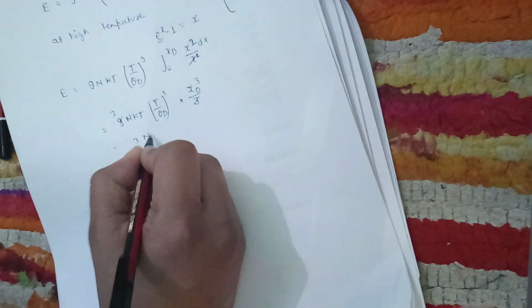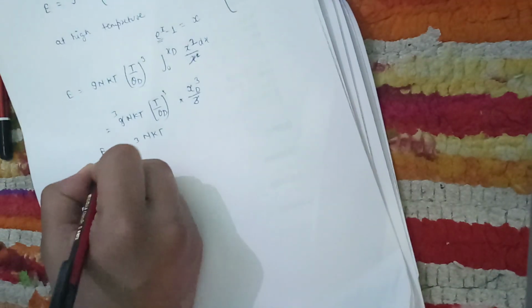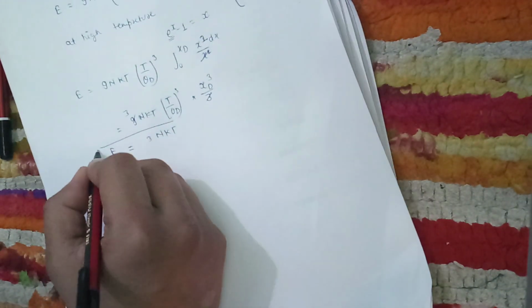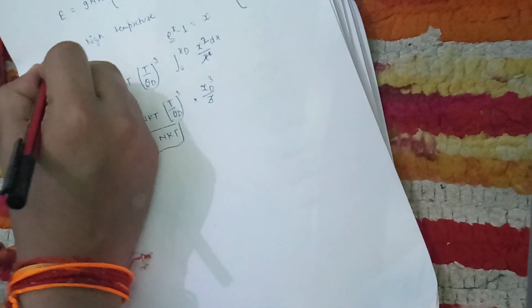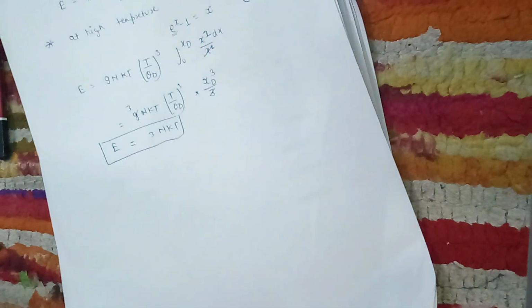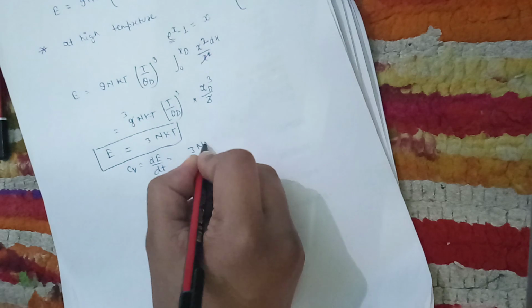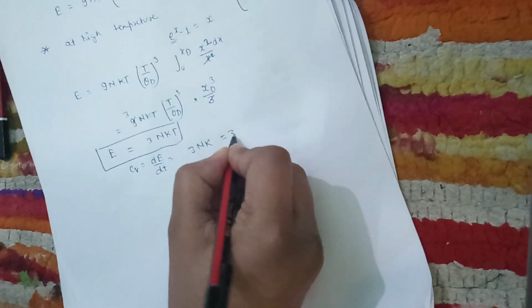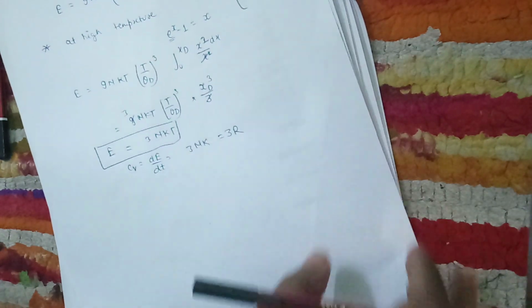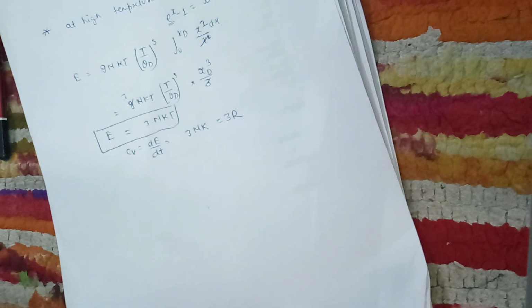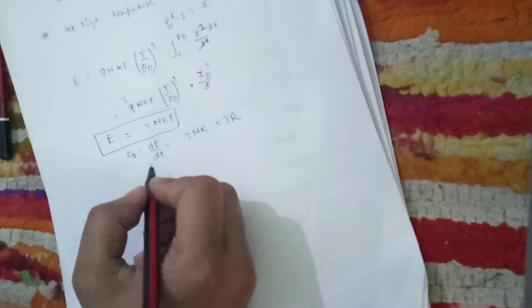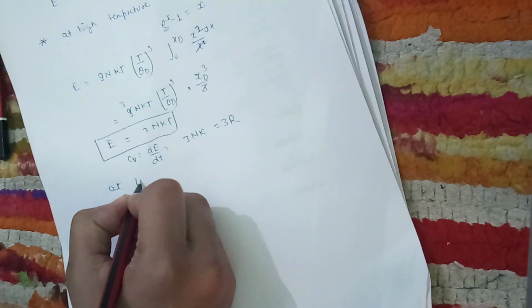This is E is equal to 3n kt at high temperature. This is condition 1. So what is Cv? Cv is equal to dE by dt, so this will become 3nk, that is equal to 3R at high temperature.